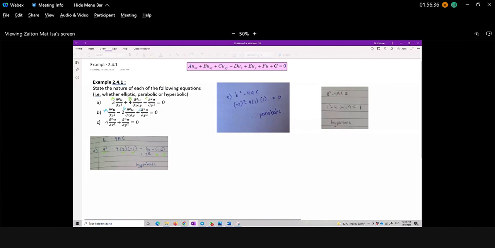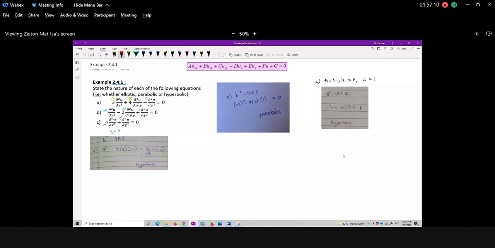I'll correct it here. Okay, for C, this is for C. So we have to be careful. For C, this is A. B, we don't have B here, so B is 0. This is C, C equals 1. So basically, A equals 4. Yes, elliptic. So A equals 4, B equals 0, C equals 1.